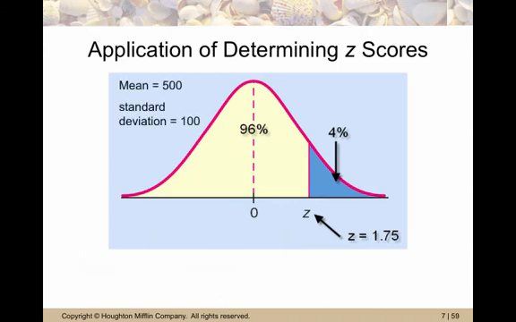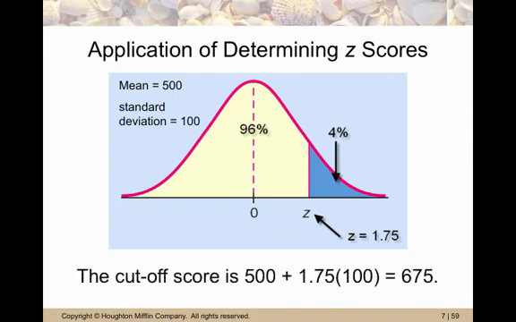Now we use the fact that the mean is 500 and the standard deviation is 100. It's z times sigma, so 1.75 times 100, so 175, plus the mean, so plus 500, is 675. So the cutoff score for the top 4% is 675 for the verbal SAT.